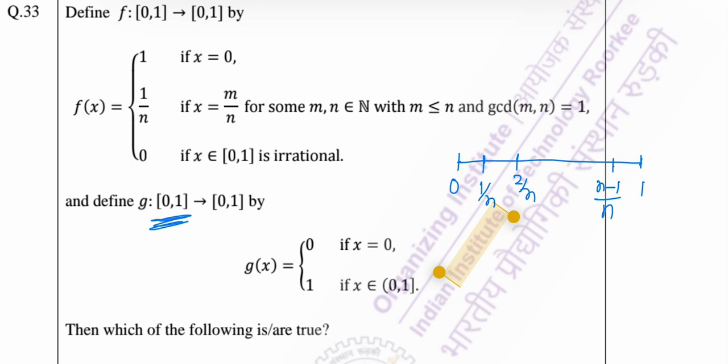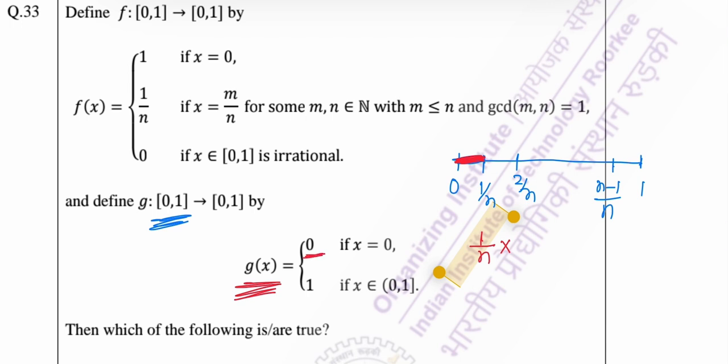Now we do the same. We take the length of this first interval. I show you in red, this is the length of the first subinterval, and its contribution is 1 by n into the max value of g(x) in that interval, and that is 1, obviously, because it is 0 at 0.